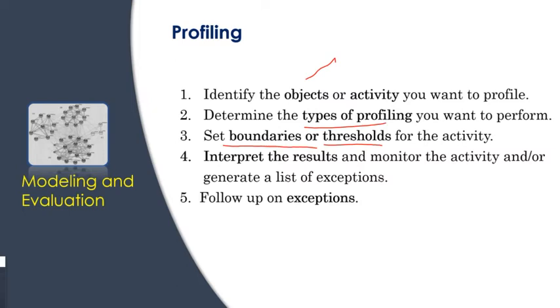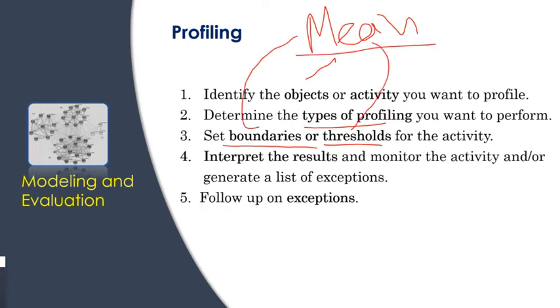In most cases, that is the mean value, meaning the average. The mean is the boundary or the threshold. We will be comparing the performance of other customers based on the mean of all the customers. So we will be analyzing and interpreting the results, and finally we will follow up on the expectations.